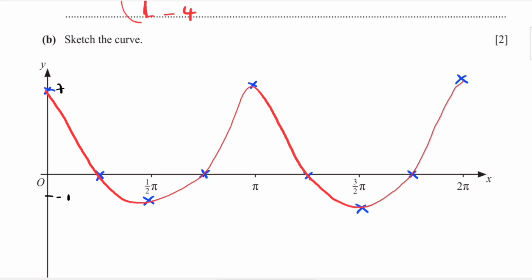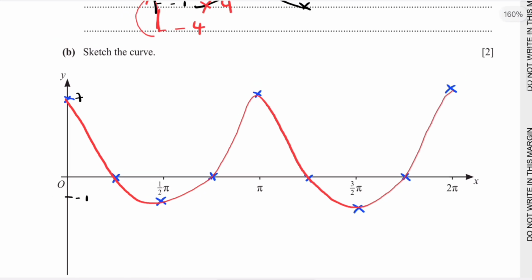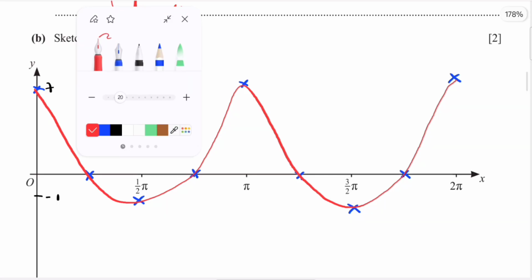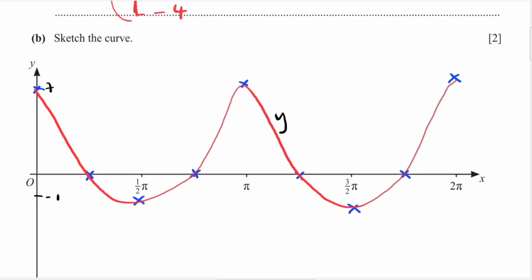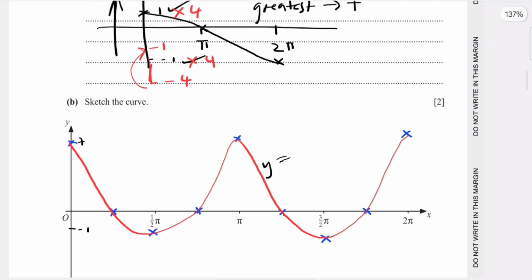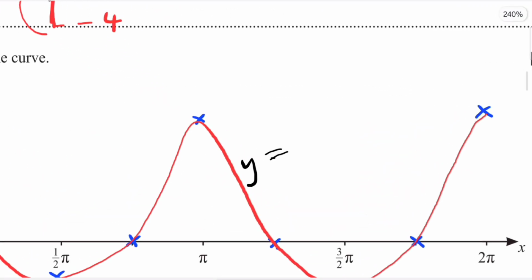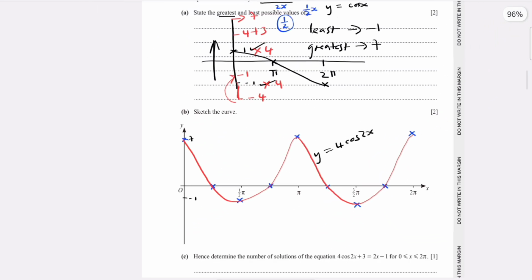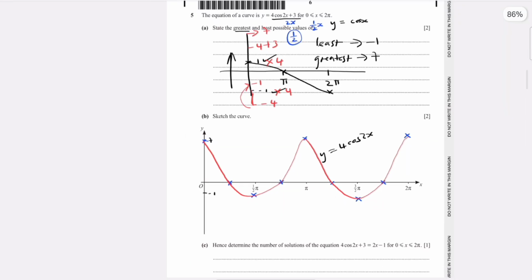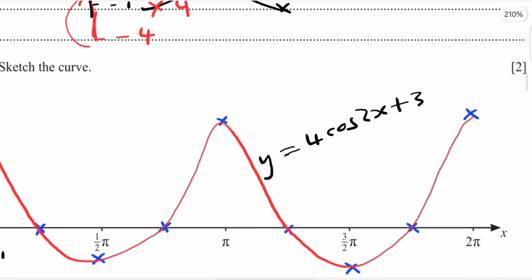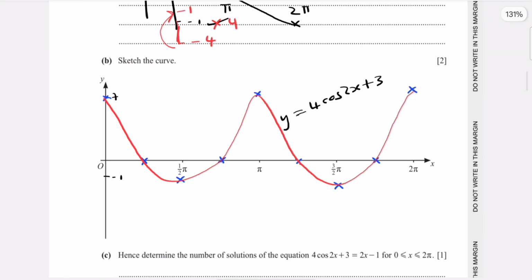Going from -1 to 7, right? And we name our graph. It's y equals 4 cos 2x plus 3, like this, right? Then you get your 2 marks for that.